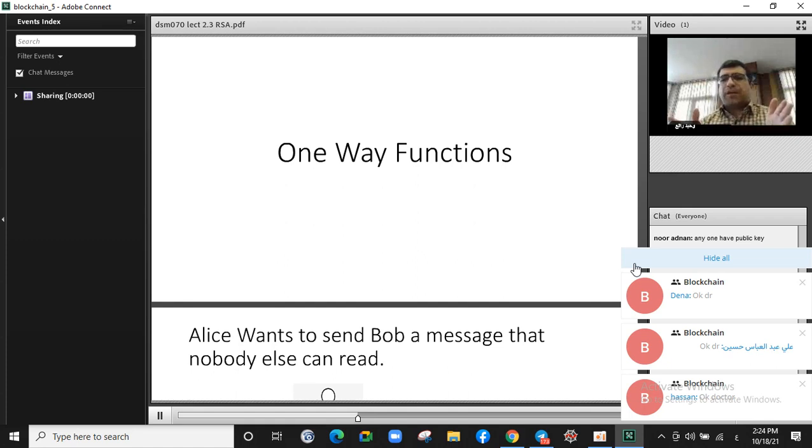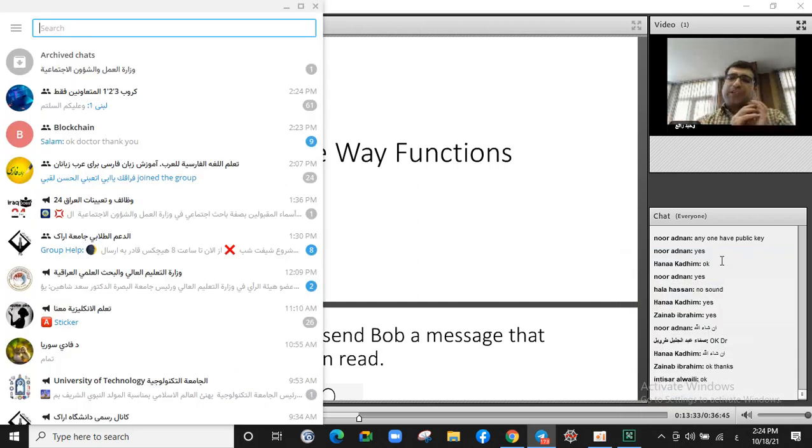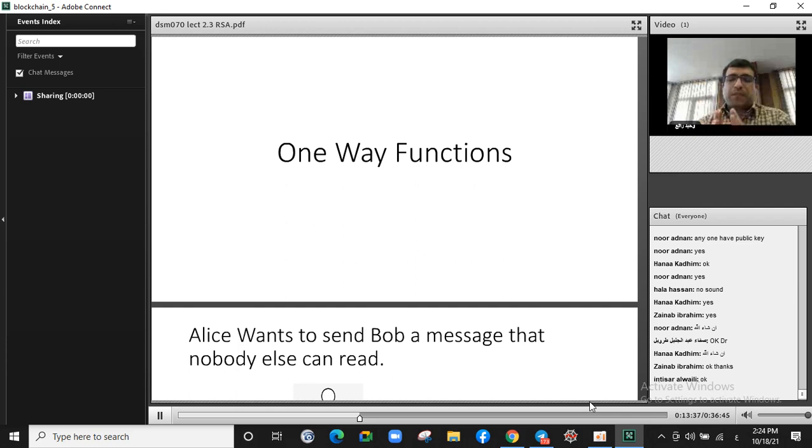Using an algorithm like SHA-1, you can simply hash everything you want, but it's very difficult or even impossible to find the source message from a hashed message. RSA also is a one-way function.